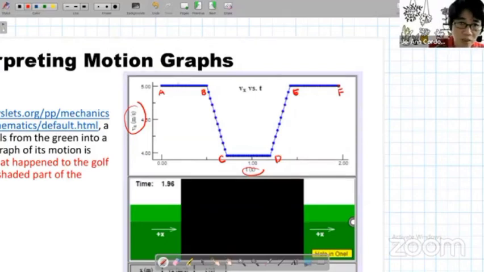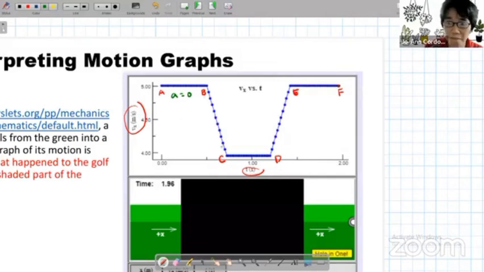So, ilalagay po natin dito ang ating observations. Ano po ang acceleration ng ball natin sa A to B? A to B. Ano po yung acceleration ng ating ball? Okay, so in this case, acceleration is actually equal to 0 kasi nga constant yung velocity.